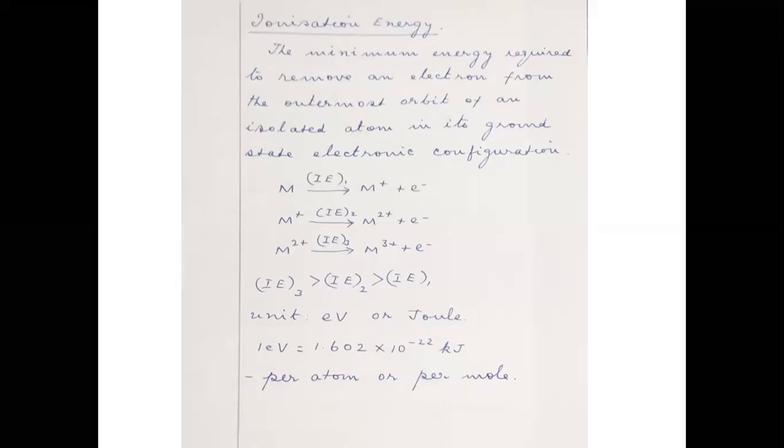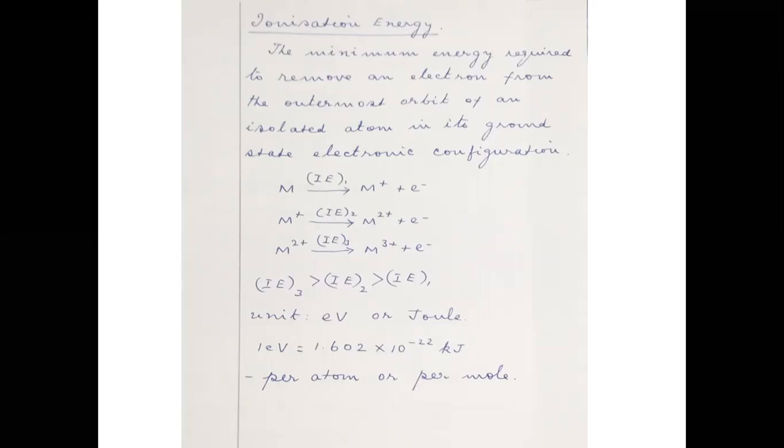And finally, it should be in the ground state electronic configuration, because if the atom is in the excited electronic configuration, the electronic distribution will be different in the excited state. In such a condition, you should not measure the ionization potential. Therefore, every word that is mentioned in the definition is very important. So, the ionization energy is the minimum energy required to remove one electron from the outermost orbit of an isolated atom in its ground state electronic configuration.